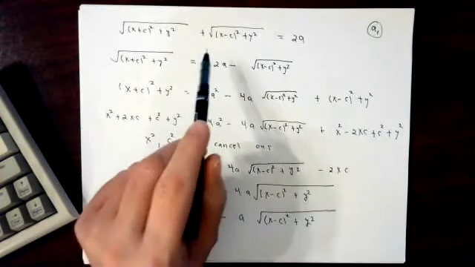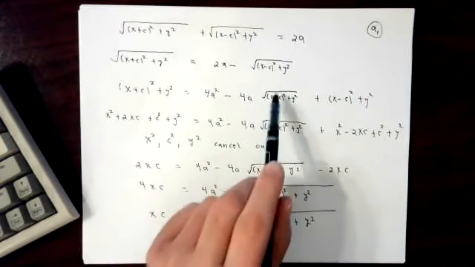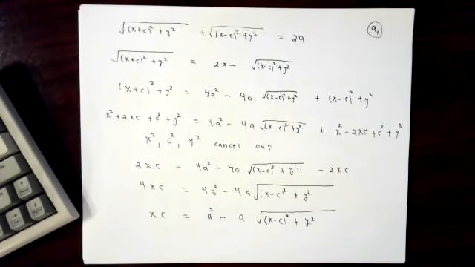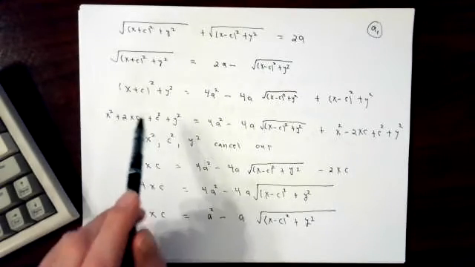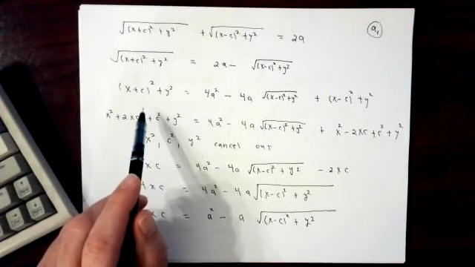What we'll do is we'll subtract this term over to the other side. By doing that, I get one of the square roots by itself, which means if I square both sides, at least one of the square roots will go away. So over here, the square root goes away.